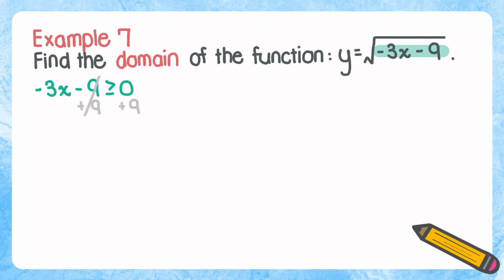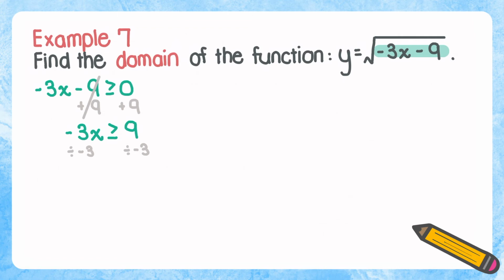First, I add 9 to both sides, so I have negative 3x is greater than or equal to positive 9. So I divide both sides by negative 3. And do you guys remember what happens when you divide both sides by a negative?